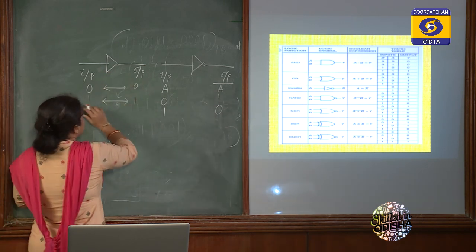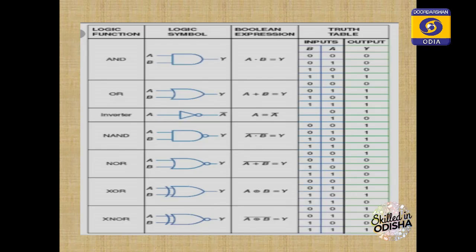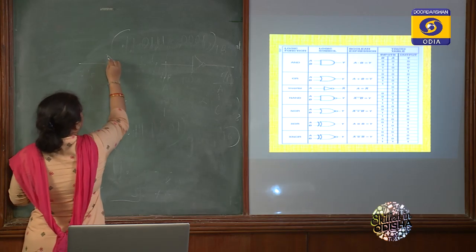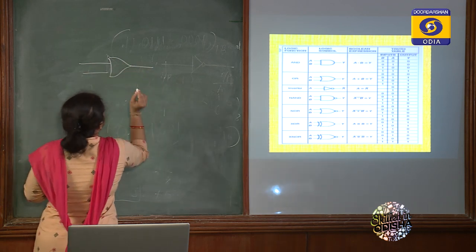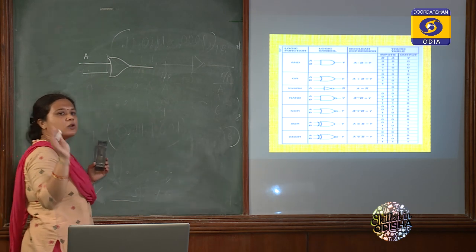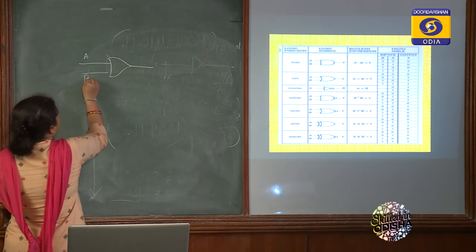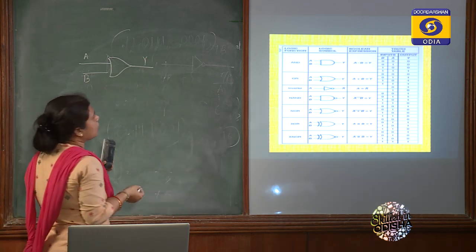Next is our OR and AND circuit. So OR circuit is like this. Let there be 2 inputs and 1 output. A and B are the 2 inputs and here we will get Y as output.